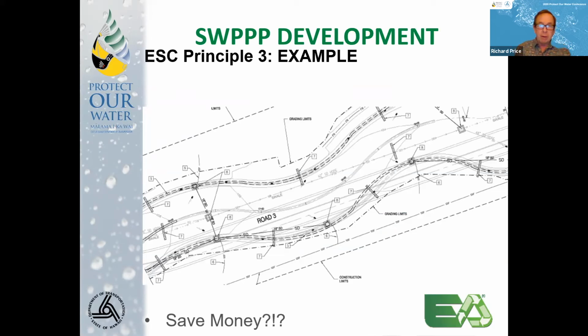where the designer gave us their erosion and sediment control plans, and we're supposed to prepare the SWPPP to complete this. And there's a section of road here, and they put in, you see the red lines kind of highlighting where the ditches are going to be on the side of the road.